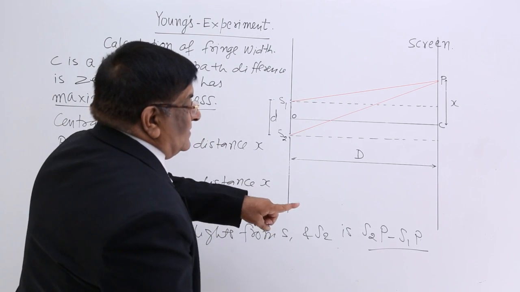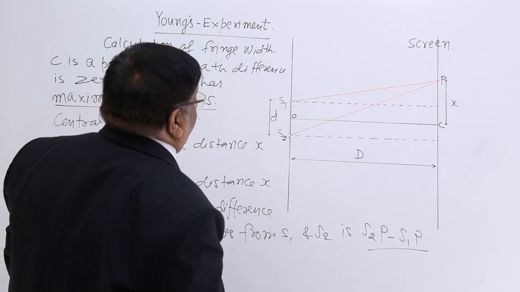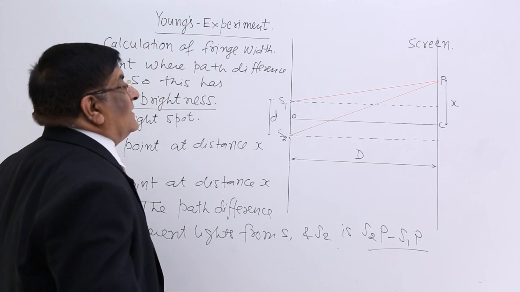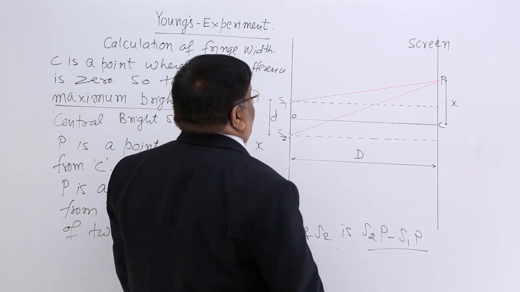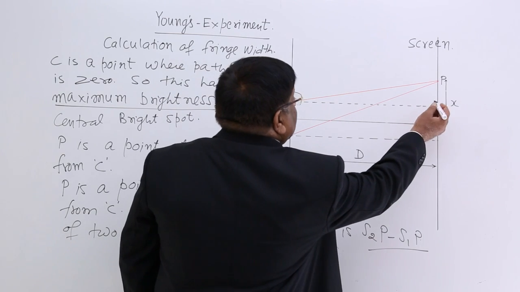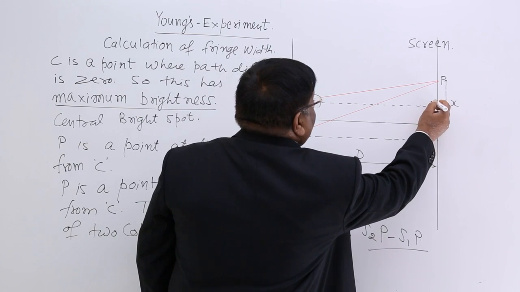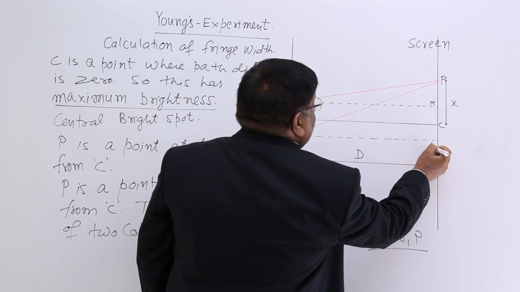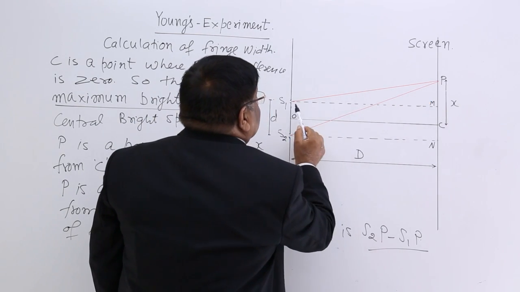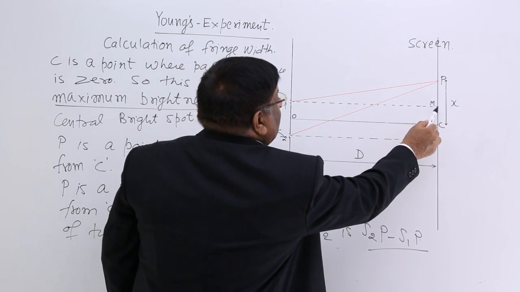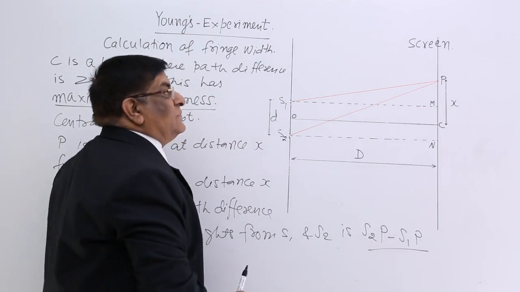What is the path difference? S2P minus S1P, and we apply a little bit of geometry. Let this point be M and this point be N. S1P can be written as the square root of S1M square plus PM square.